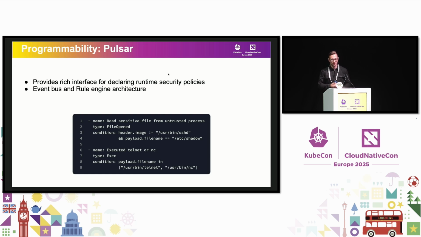And similarly, in this case, using telnet or netcat is considered suspicious activity. You probably don't want people using telnet, which is an insecure protocol, and for netcat, you don't want to be exposing any listening sockets.